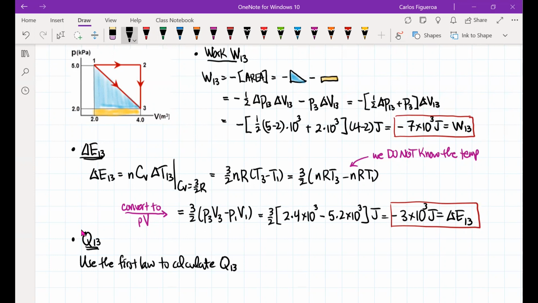This tells me that Q13 is going to be the change in internal energy between 1 and 3 minus the work between 1 and 3. And you can see that this is going to be minus 3,000. Let me be careful. Minus 3,000 minus minus 7,000, which gives me plus 4,000 joules for the heat between 1 and 3.